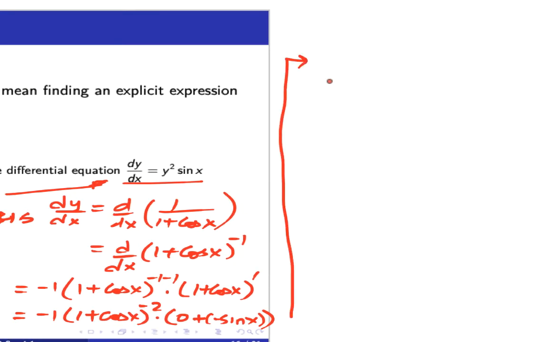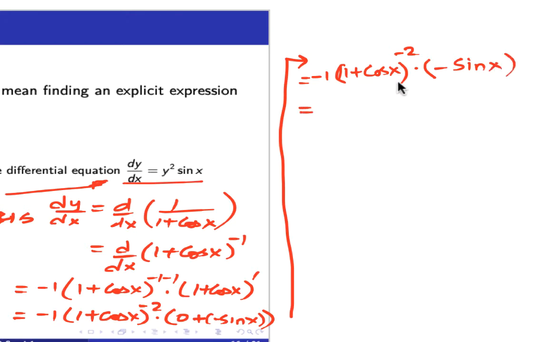From here, let's write it down from the beginning. It's minus 1 times (1 plus cosine x) to the power minus 2 times, this is 0 plus minus, that means minus sine x.